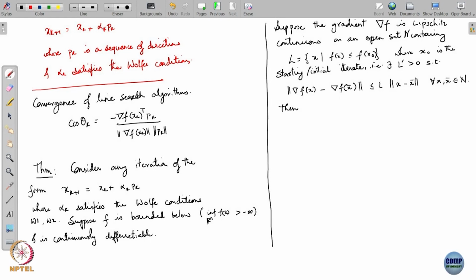Then what does it say? Well, then the sum over k of cos squared theta_k times the norm of the gradient of f at x_k squared is finite.